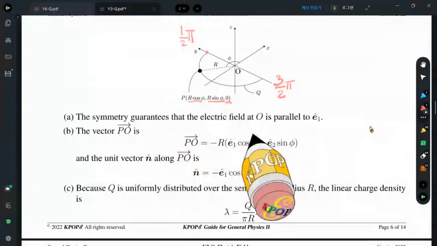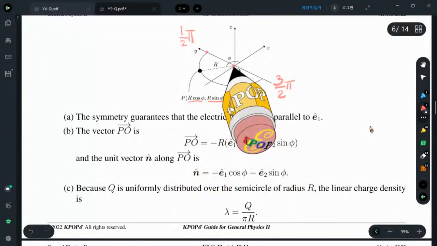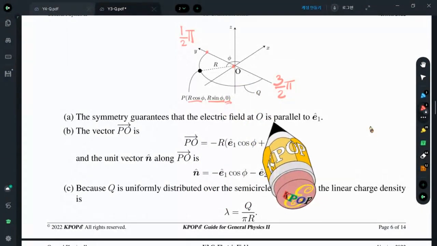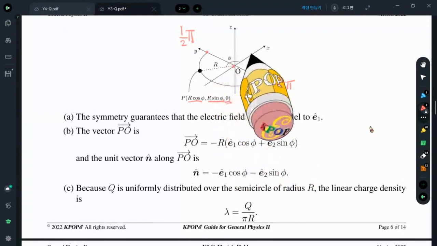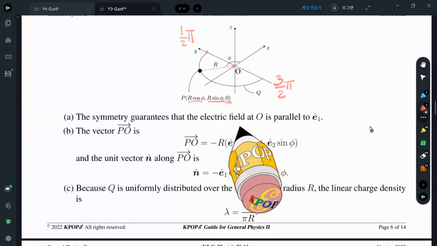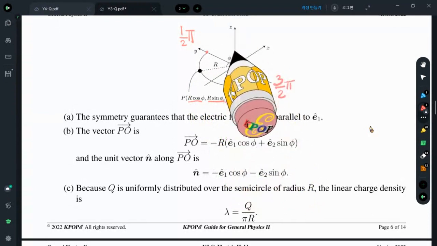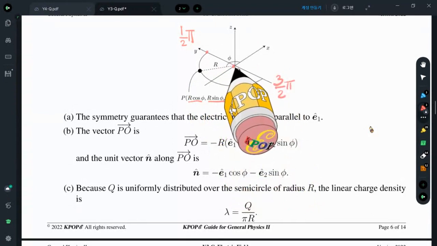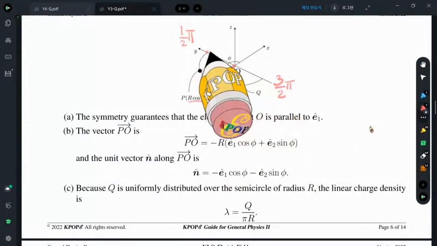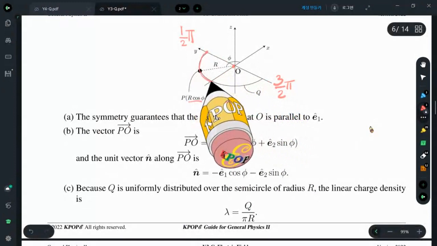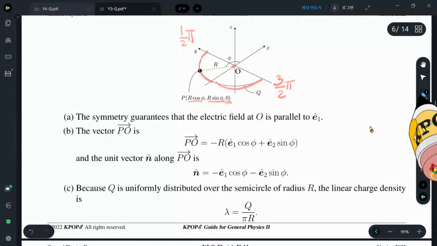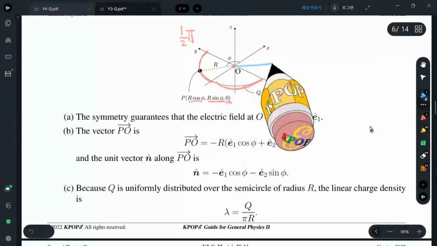Symmetry guarantees the electric field at O is parallel to E1. Right, there is a symmetry. There is no charge distribution up or down, so we do not have any z component. Second, there is no net electric field along the y-axis because this contribution must have some symmetry.